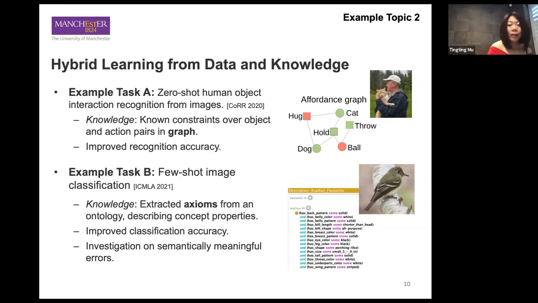We developed a bird ontology with our collaborator and extracted axioms from the ontology to describe different bird concepts. Again, it improves the performance, and it also managed to produce more semantically meaningful errors. That means when the model makes a mistake, it's a better mistake.